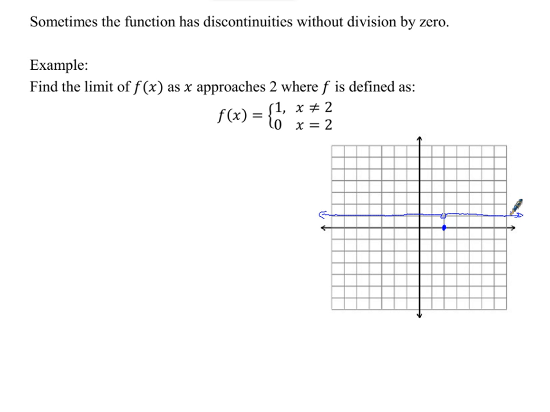As we get closer and closer from the other side, what number is my function approaching? 1. So the limit as x approaches 2 of f of x equals what? 1. What's the value of the function at x equals 2? 0.